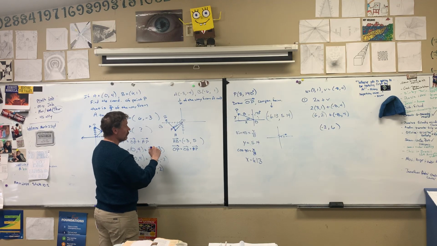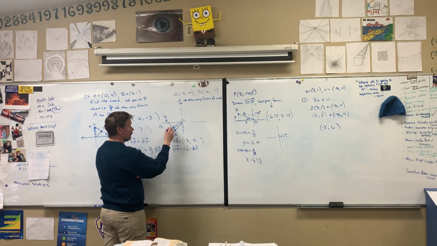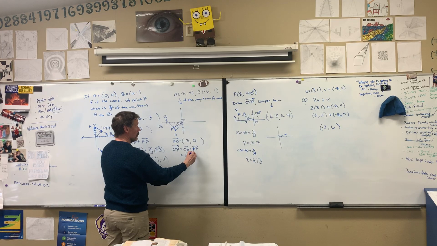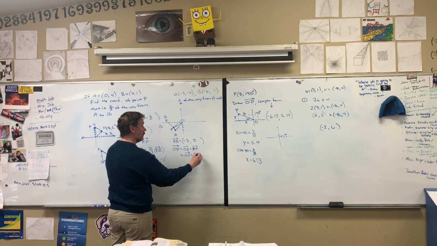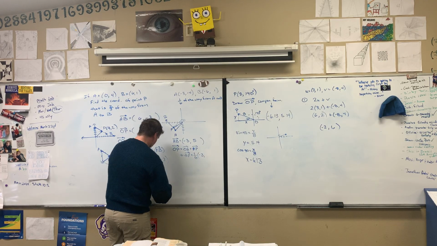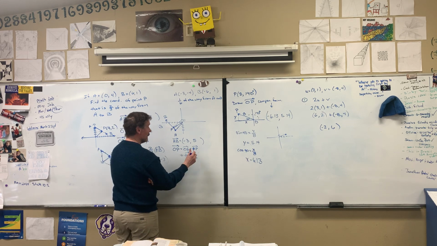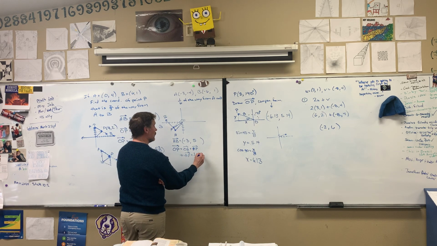Since we don't have P, but we do know that AP is the same thing as what? Negative 3, 5. That's AB. 1/6 of AB. Oh yeah, 1/6, I'm sorry. Let's not do the numerical value yet. 1/6 of AB.